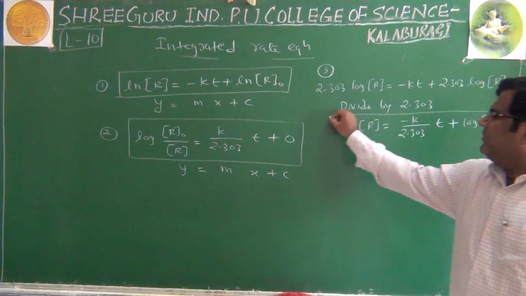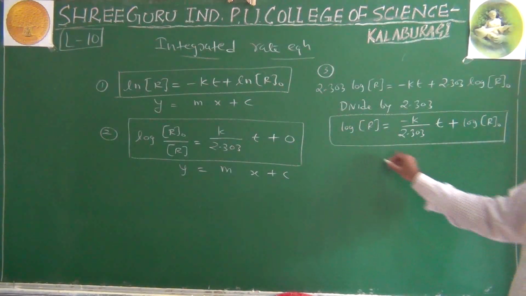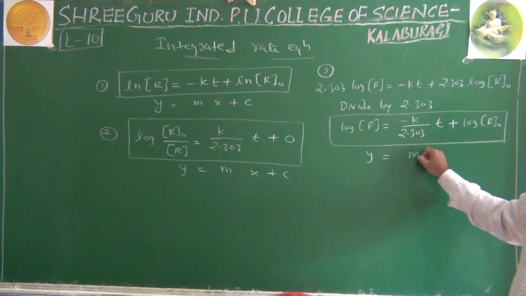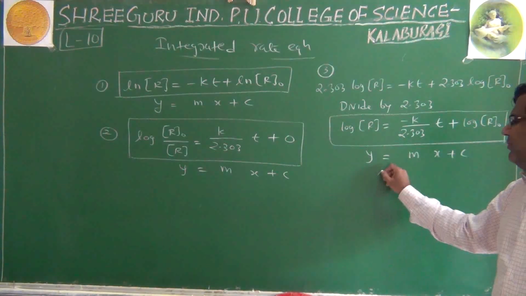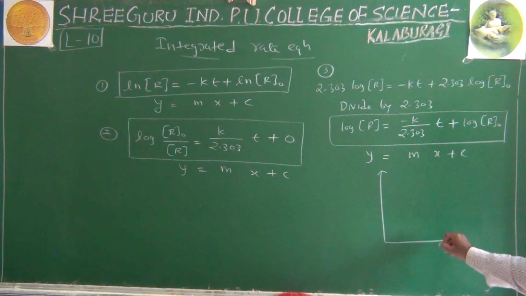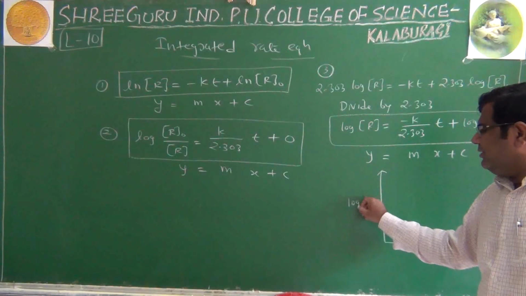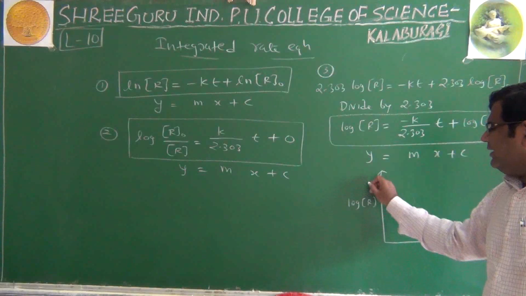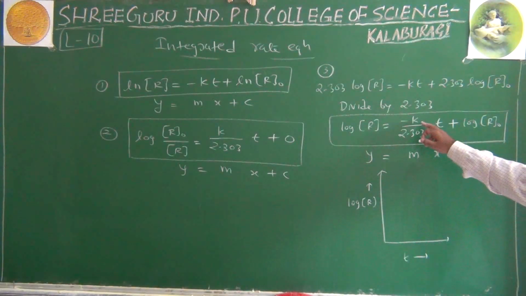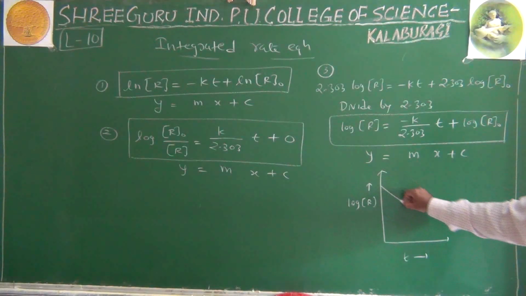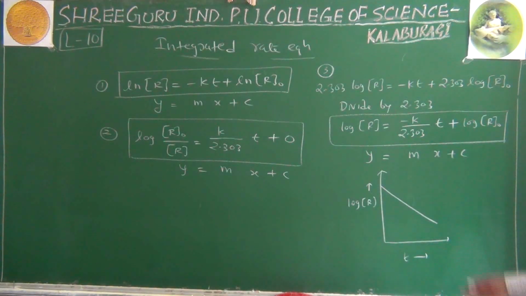If we look at this particular equation, this is also a straight line equation, y is equal to mx plus c. What do we mean by this? By this we mean, if we plot the log of molar reactant concentration at time t on the y-axis and time on the x-axis, we will get a negative slope like this, a straight line, because the equation always follows a straight line.